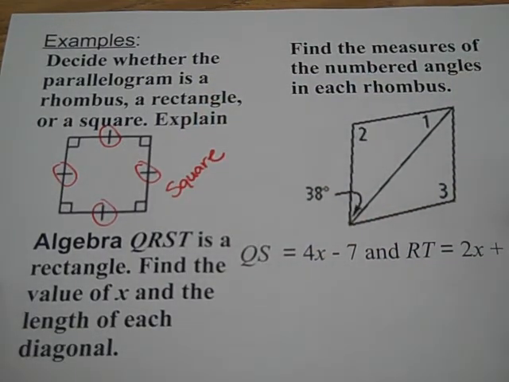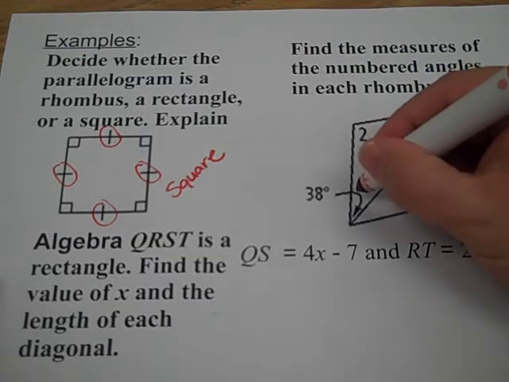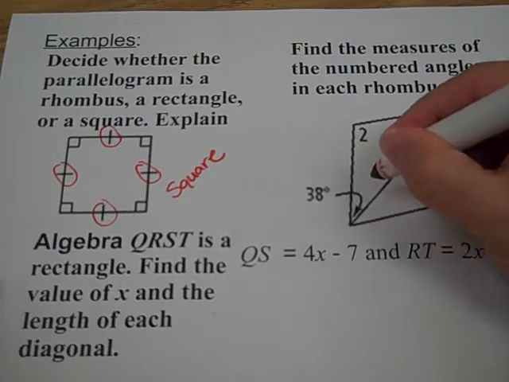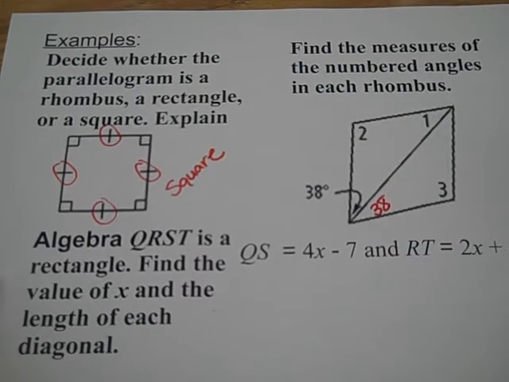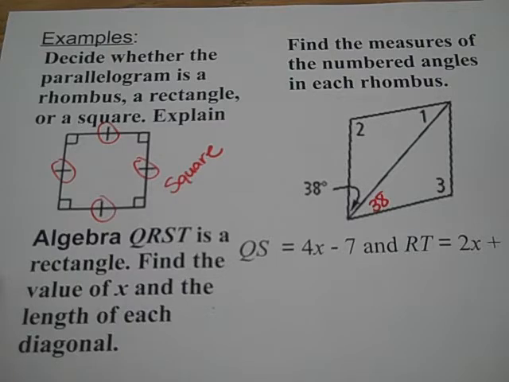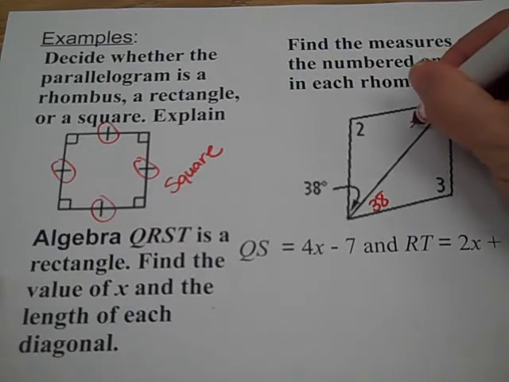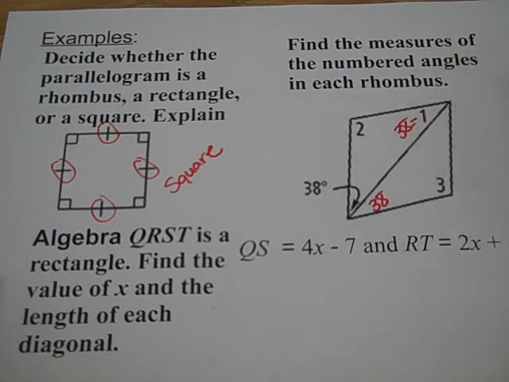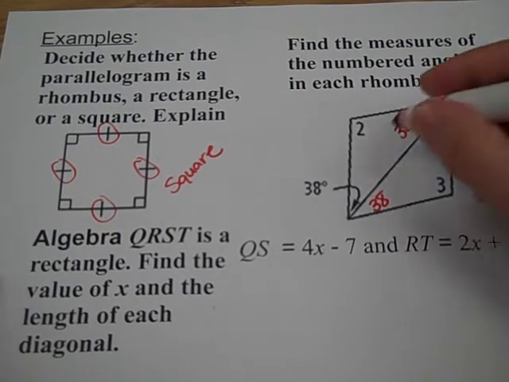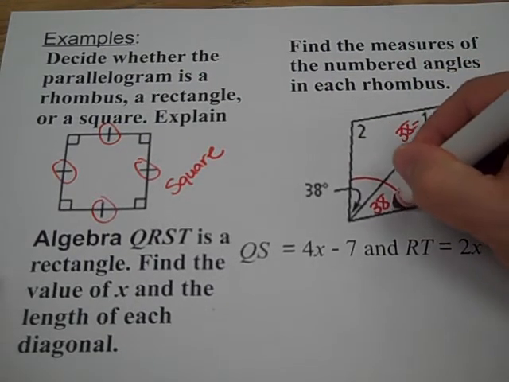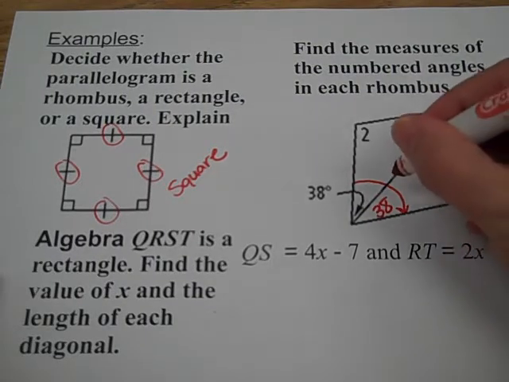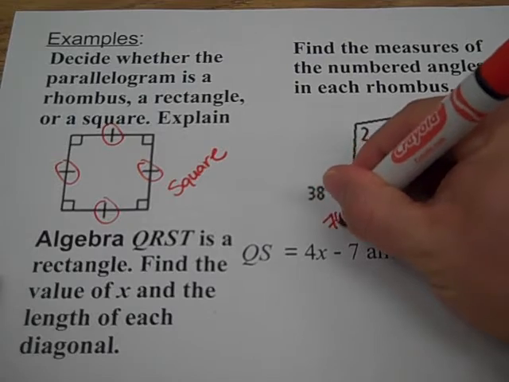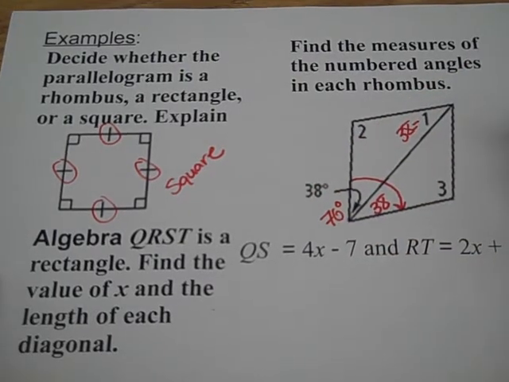Here in this rhombus we want to find the measure of each angle. Since this angle is 38 degrees, this one's also 38 degrees because the diagonals bisect those angles. And that means angle 1 is 38 degrees. In total, this big angle of the rhombus is 76 degrees, 38 plus 38.